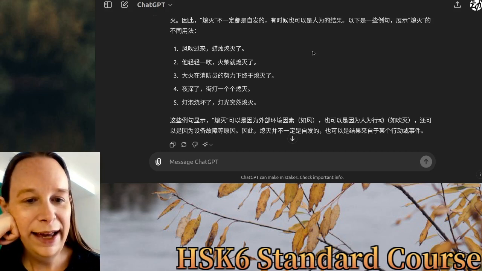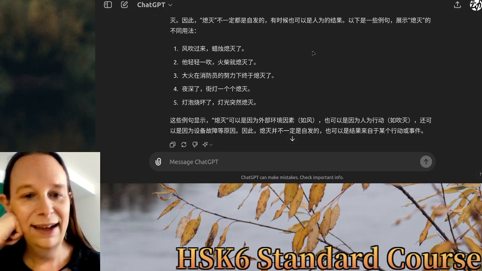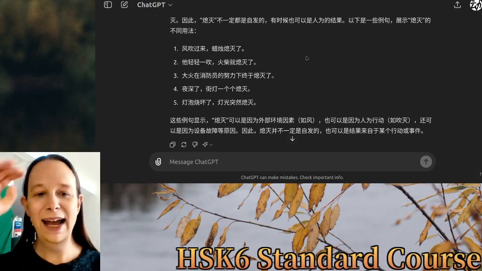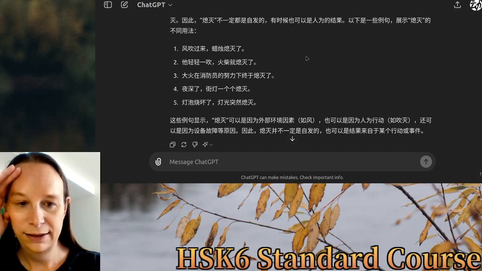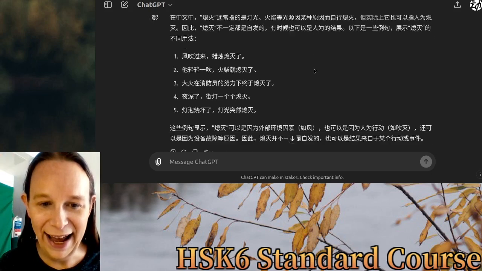它轻轻一吹，火柴就熄灭了。Yeah, 火柴. Oh, 火柴 is a match, right? Not 木柴, but 火柴.